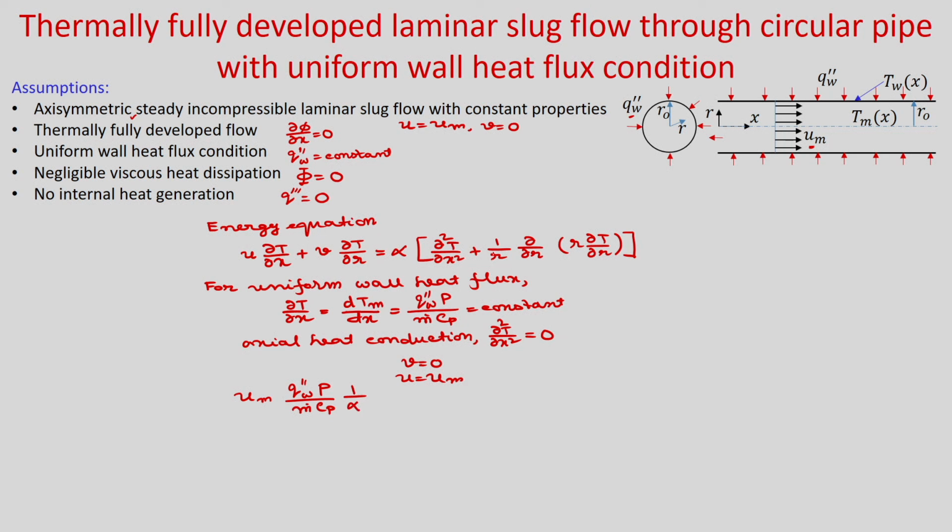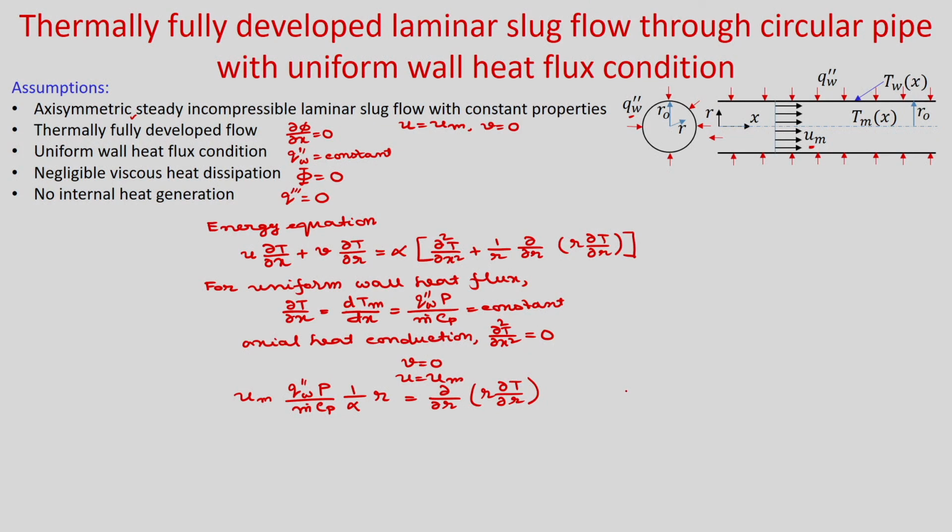So, alpha and this will be r, is equal to, we can write right hand side as del of del r, r into del T by del r. Okay. So, now in the left hand side you put the values of P, perimeter, m dot, mass flow rate, and alpha as k by rho Cp.